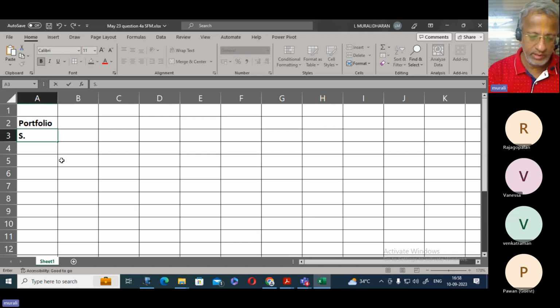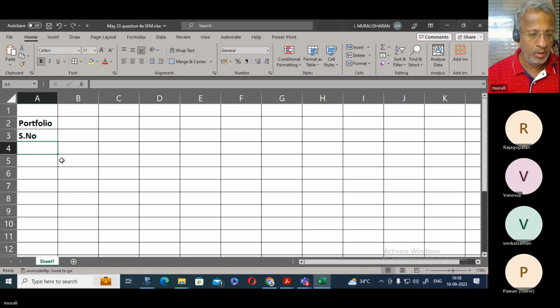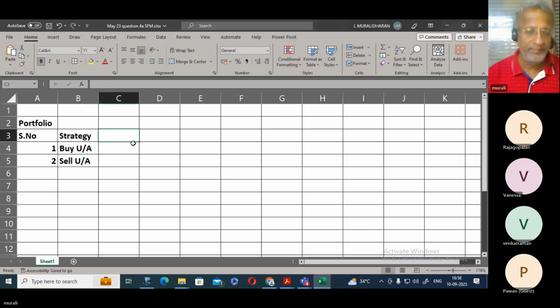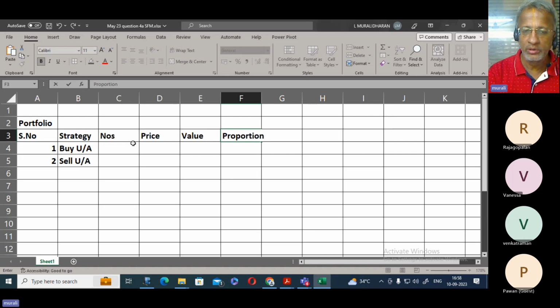So scenario number 1 and 2, and the strategy is to buy the underlying asset and sell the underlying asset. Here we have numbers, price and value, proportion, beta, portfolio beta.